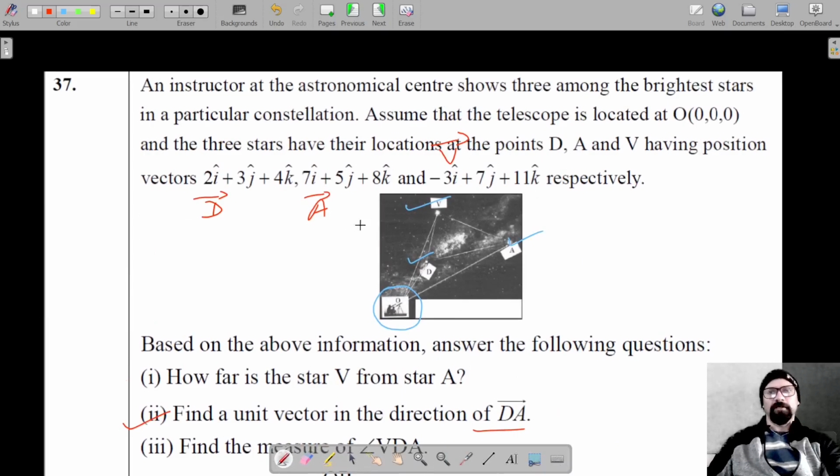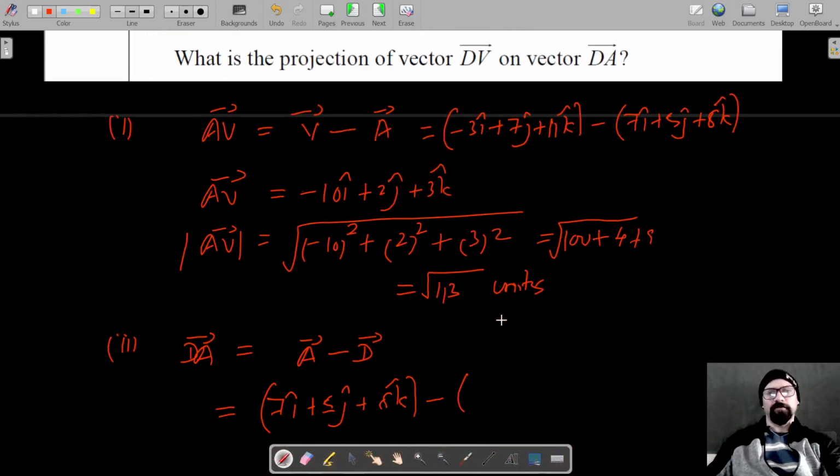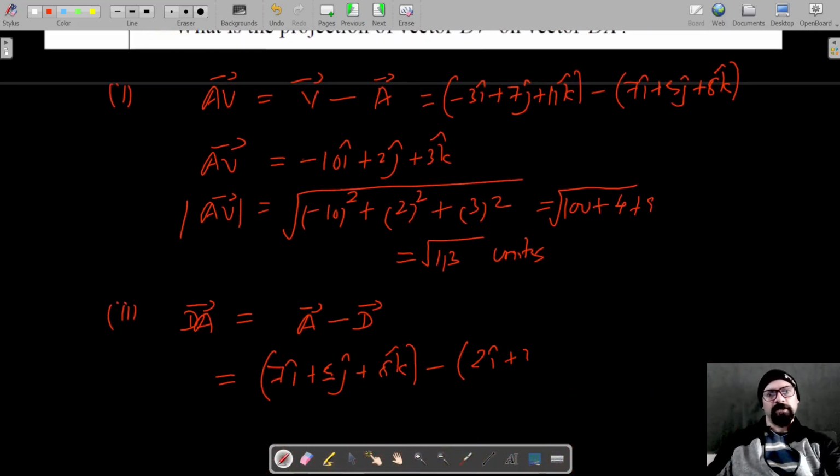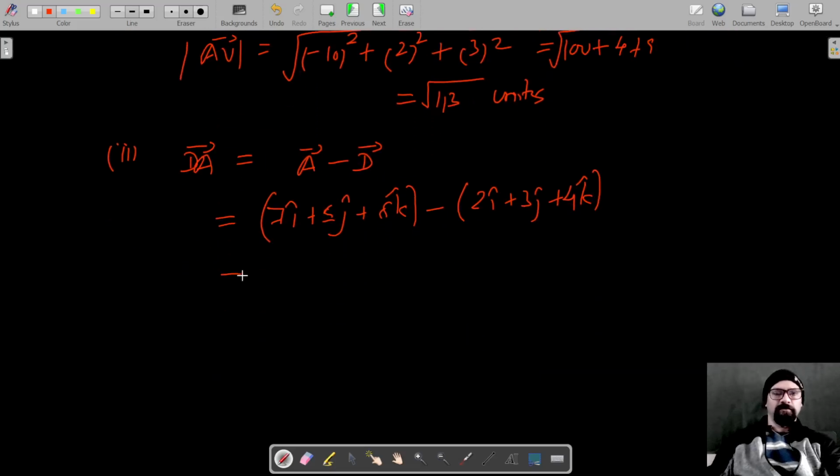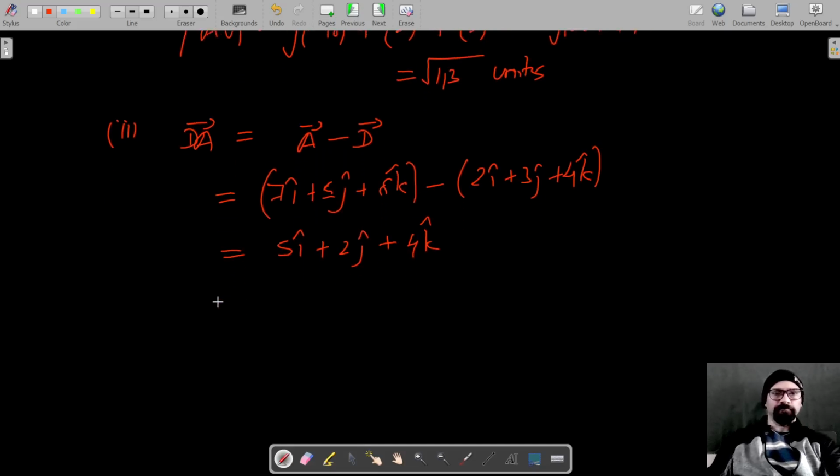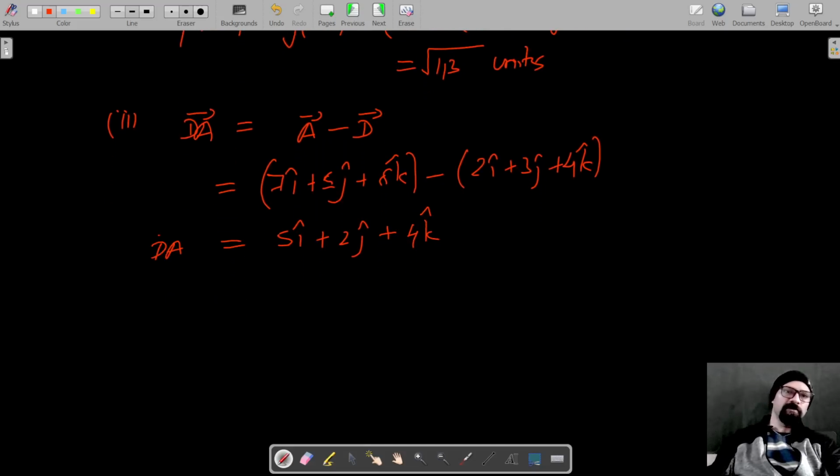So D vector here is 2, 3, 4, so this is 2i cap plus 3j cap plus 4k cap. So this is equal to 7 minus 2 is 5i cap, 5 minus 3 is 2j cap, and 8 minus 4 is 4k cap. Now this is the dA vector.